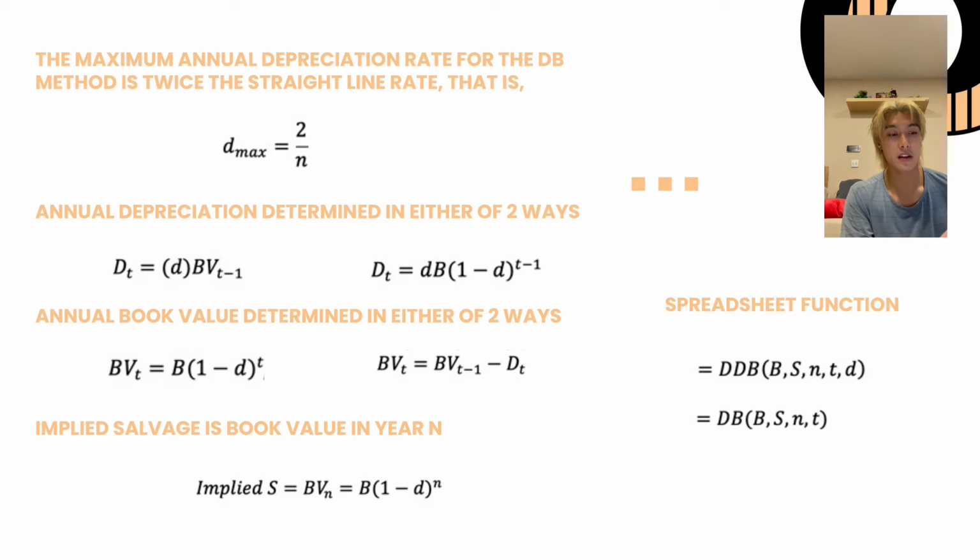However, if the suggested S is more than the estimated S, or if the fixed percentage D is not stated, it is possible to determine an implied fixed rate using the estimated S value. If S is more than 0, the range for D is 0 less than D less than 2 over n. Implied D is equal to 1 minus (S over B) powered by 1 over n.